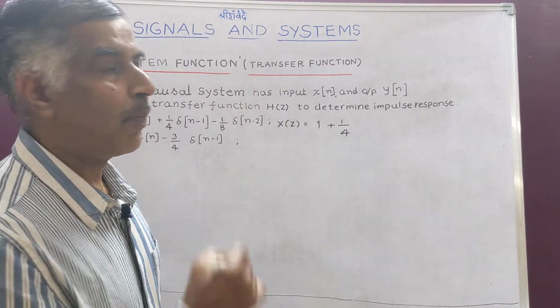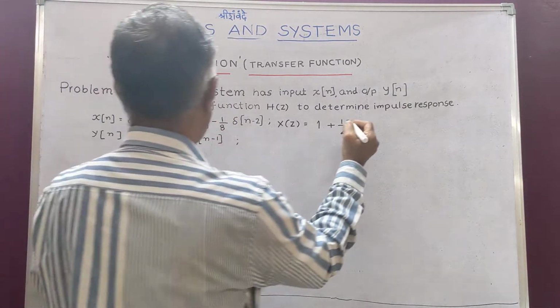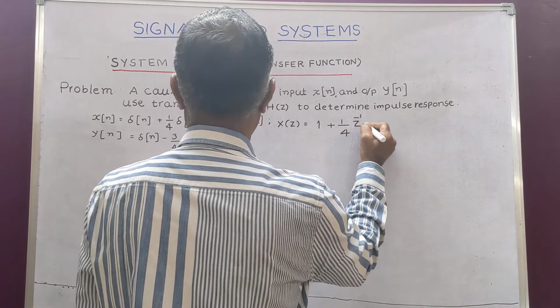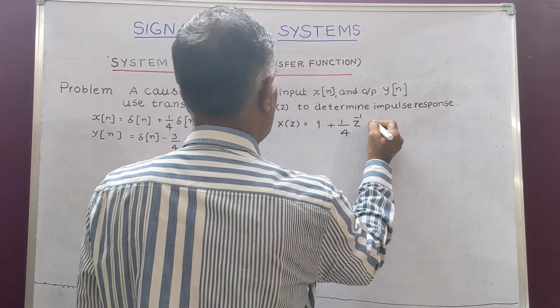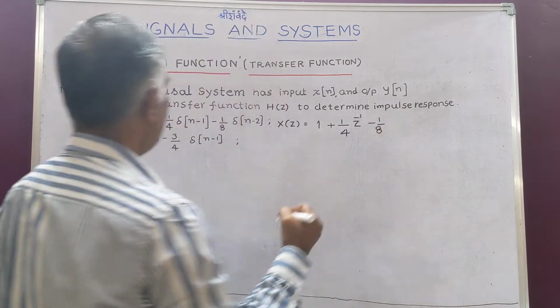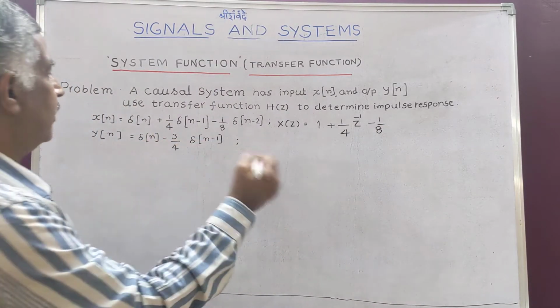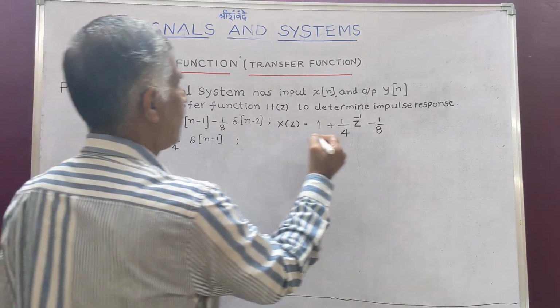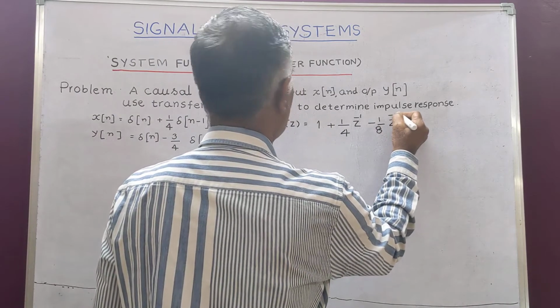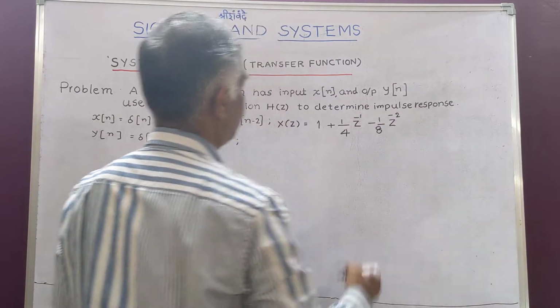I will use the shifting property of the z transform, z to the power of minus 1 into 1 minus 1 by 8, because a shift of 1 unit to the right, minus 1 by 8 z to the power of minus 2, because a shift of 2 units.